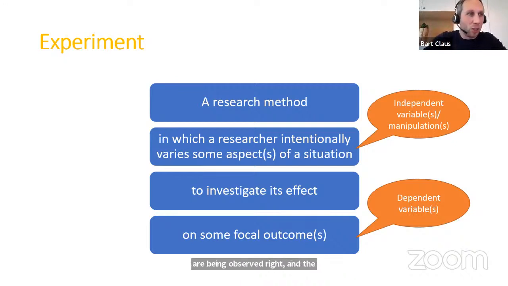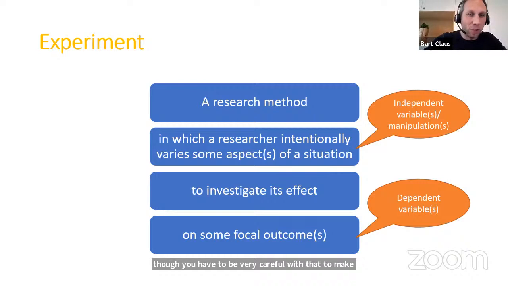And the manipulation is done to investigate that manipulation's effect on some focal outcomes, right? So what is important to specify is that you can have several manipulations going on at the same time, even though you have to be very careful with that to make sure that you still know what you're doing, right?